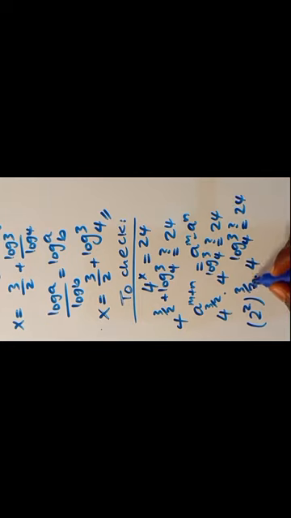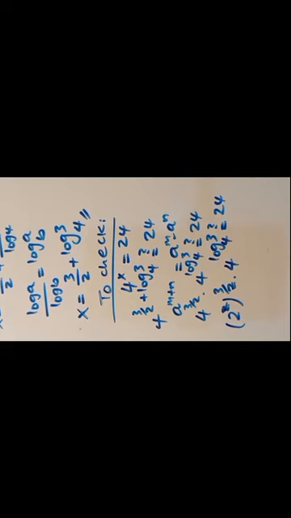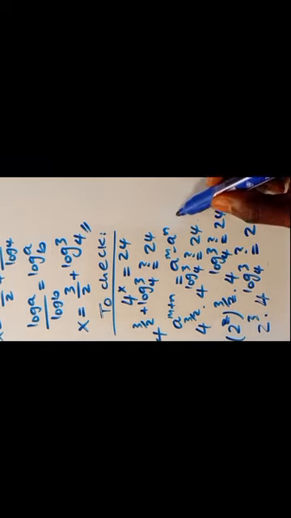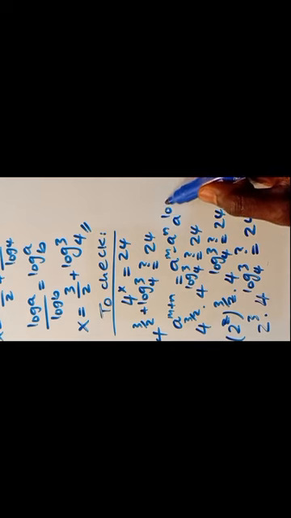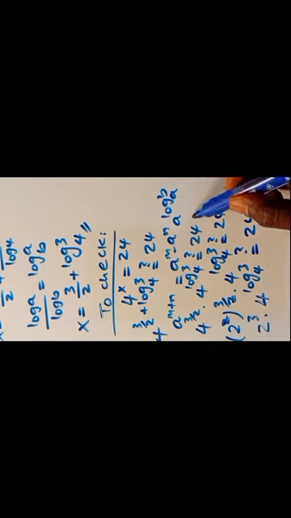So from here, this cancels out this, and we have 2 to the power of 3. Then for 4 to the power of log 3 in base 4: anytime we have a to the power of log b in base a, where they have the same base, the output will be b.